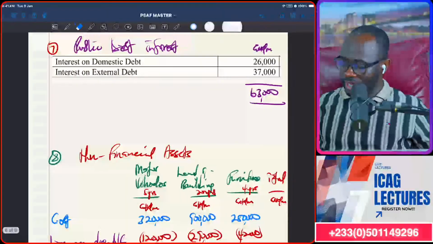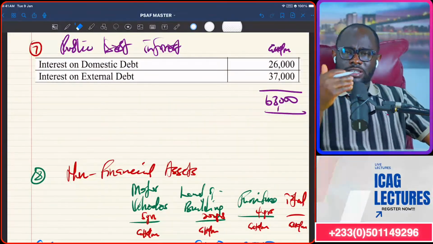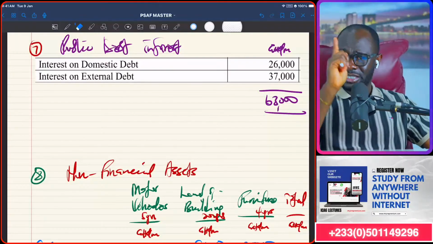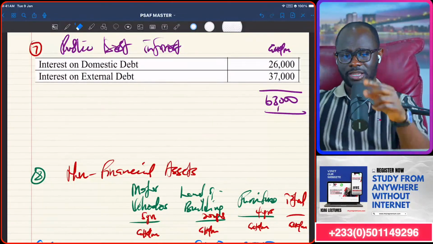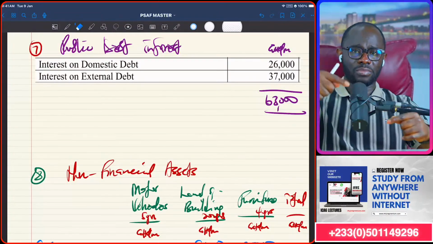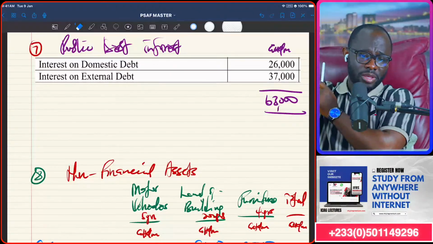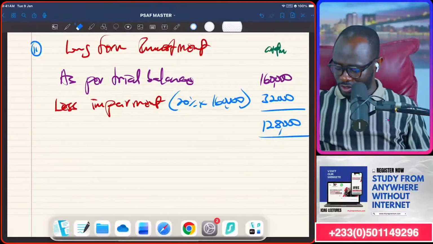When I see public debt interest, I see that, oh, this is how much government is paying on interest. Now, that is not debt servicing, because debt servicing has 2 components, the interest and then the capital repayment. So this is just the interest. How about the capital repayment? Then certainly those things. So that's one thing.